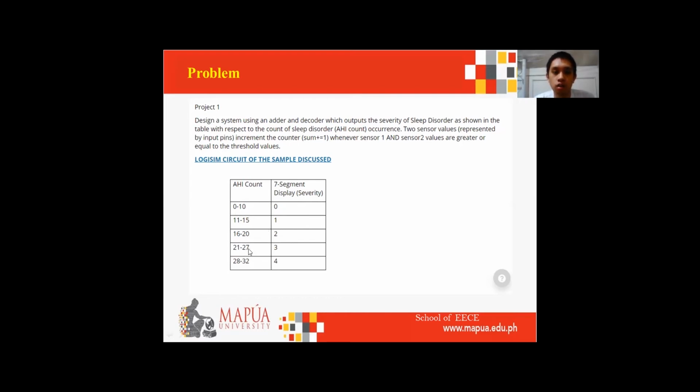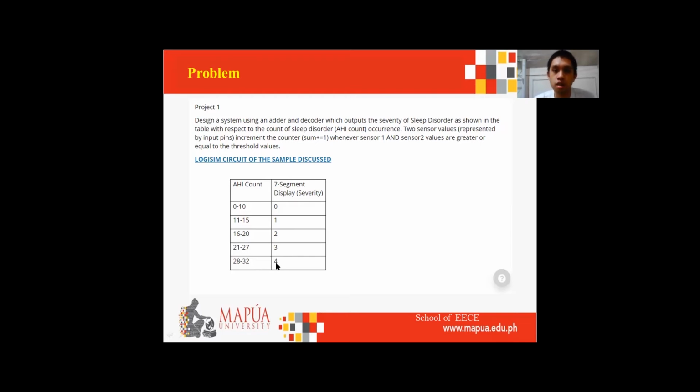If the AHI-count is within 21 to 27, then the output will display 3. And the last condition is that if the AHI-count is within 28 to 32, then the output will display a value of 4.